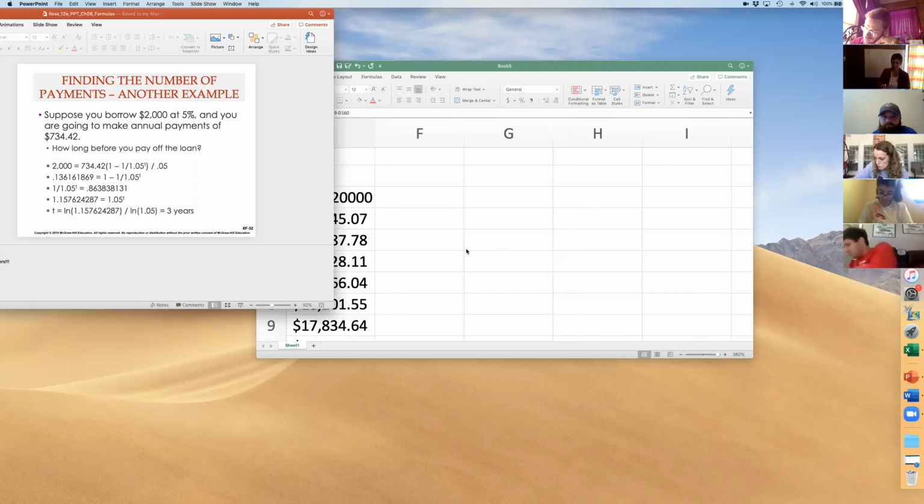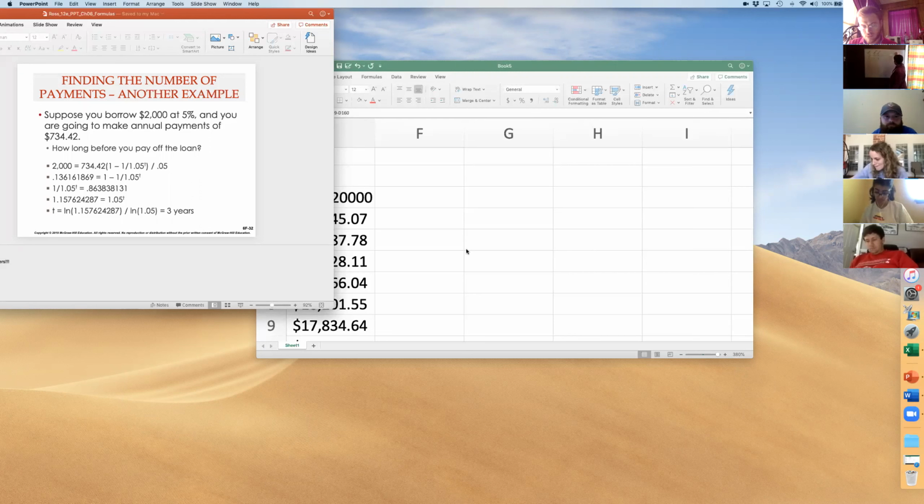We're going to make payments of $734.42. And it's going to be at a 5% interest rate, annually, per year.